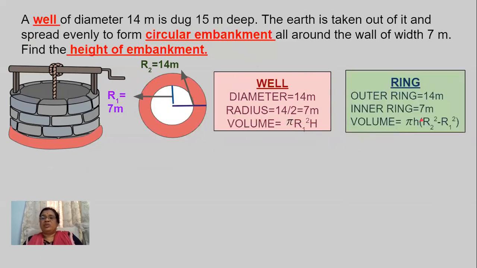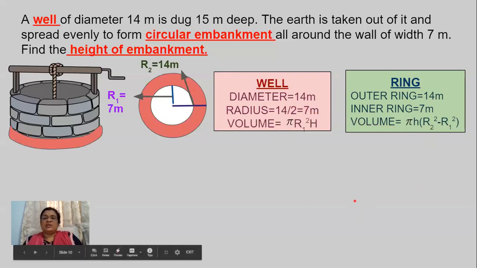And one more, this is a circular ring, a hollow cylinder, you can say. This is the outer ring, the radius is given, it is 14 meters, and inner is 7 meters. This is R2, and this is R1, the volume will be this one. This is the volume for this hollow cylinder.